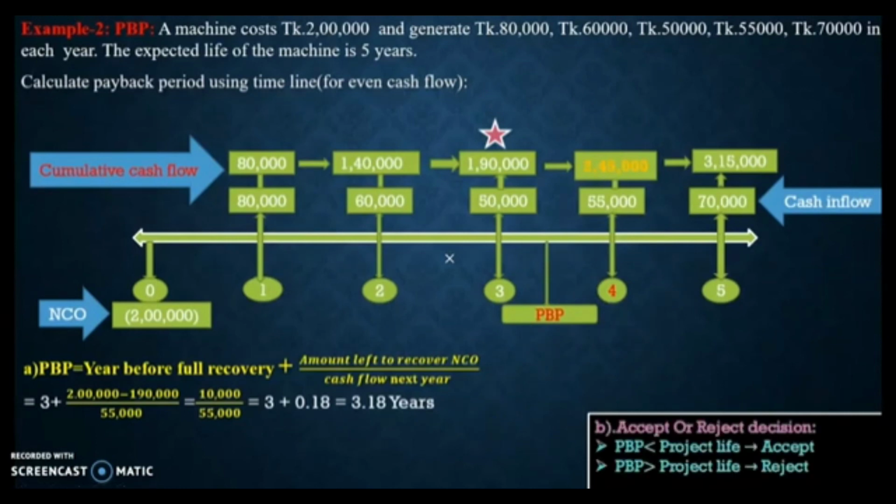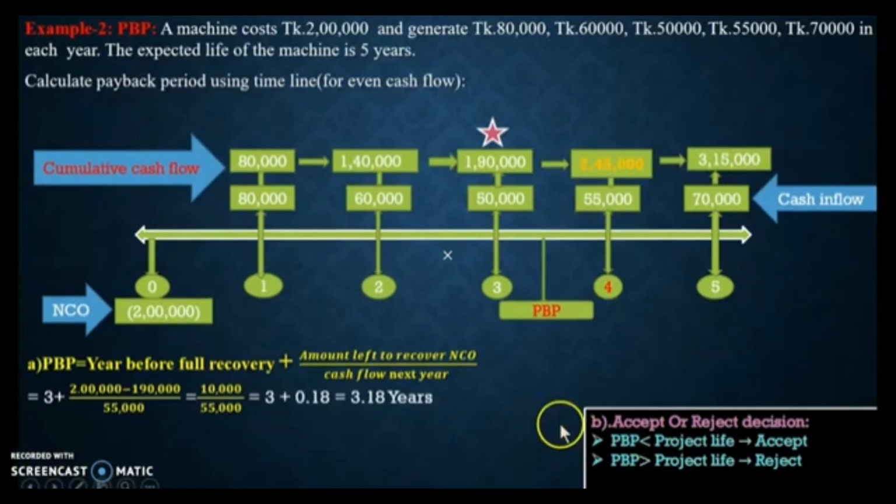Now accept or reject decisions. If project lifetime is greater than PBP, then we will accept the project. Another, if PBP is greater than project lifetime, the project will be rejected. Here PBP is 3.18 years and project lifetime is 5 years. So this project should be accepted.